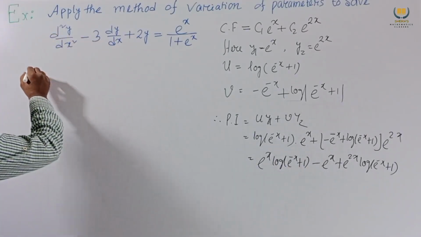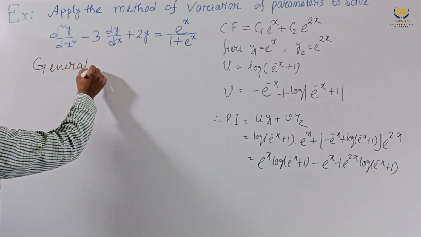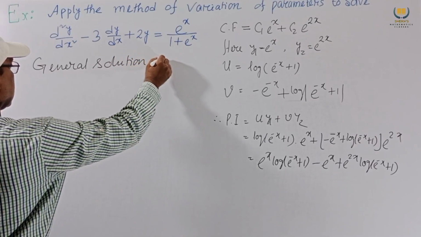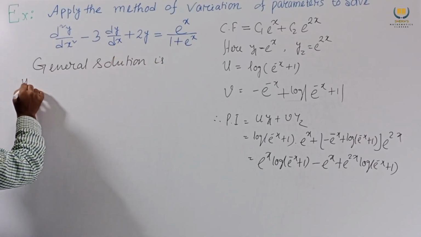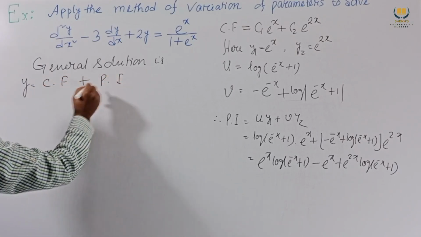Now the general solution is y equals CF plus PI.